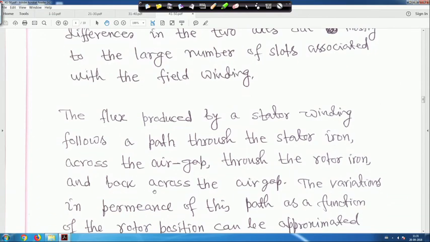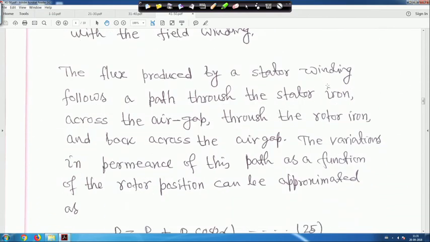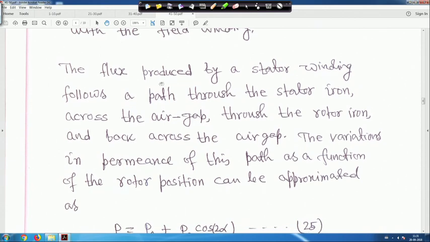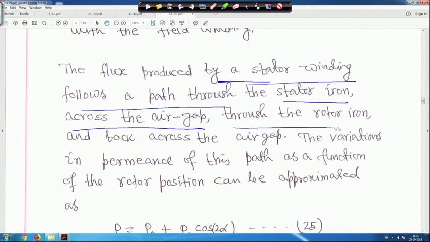The flux produced by a stator winding follows the path through the stator iron, across the air gap, through the rotor iron, and back across the air gap.